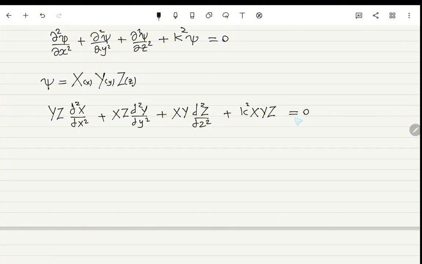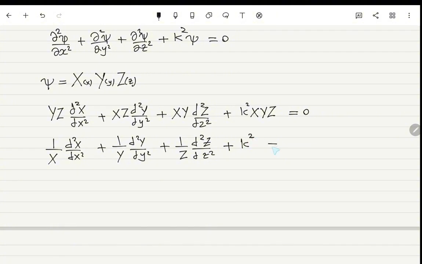If we divide the whole equation right here by x, y, z, we will get 1 over x d2x by dx squared plus 1 over y d2y by dy squared plus 1 over z d2z by dz squared plus k squared equal to 0.